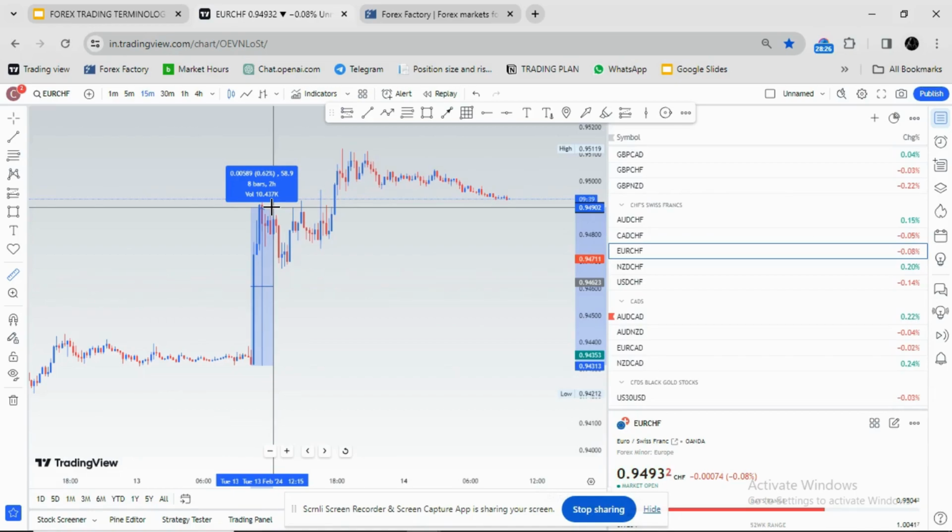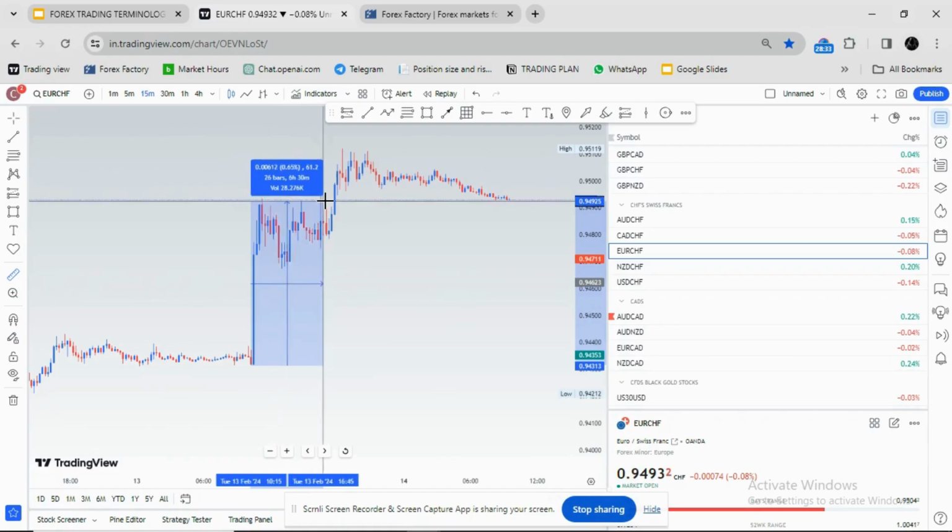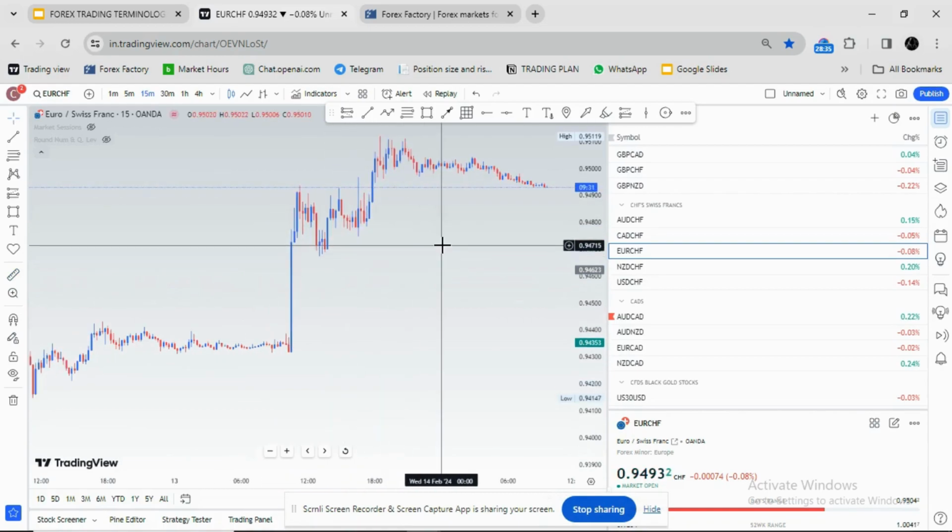Gold is highly volatile because it can move a higher range in a specific amount of time compared to other pairs.